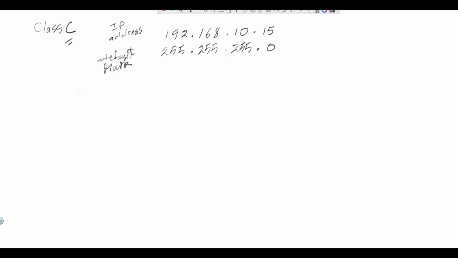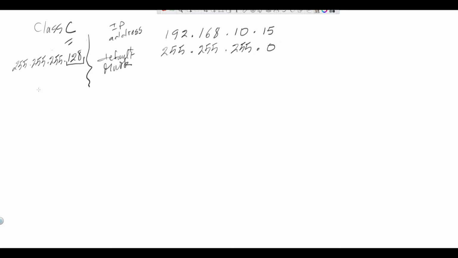Could I have used non-default masks? For example, could I have used 255.255.255, and the next number would be 128. Now you're going to say, why not 1 or 2 or 3? Why is it 128? This will not be a default mask. Let me just draw a line here. This is not a default mask.